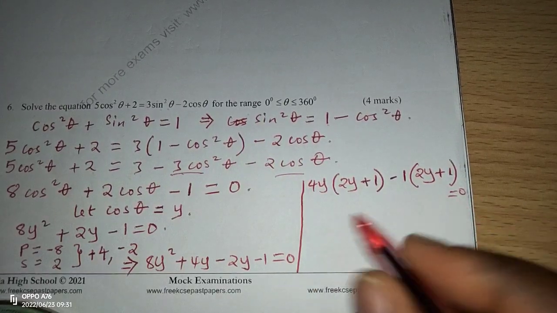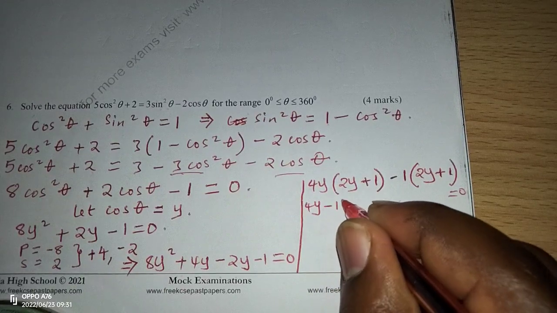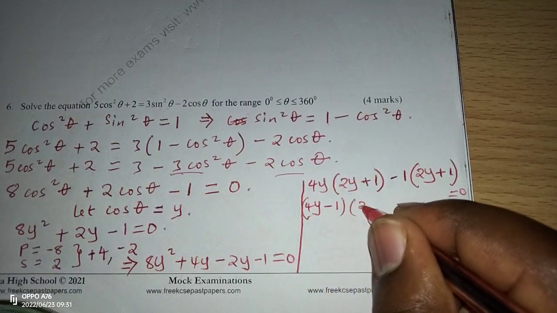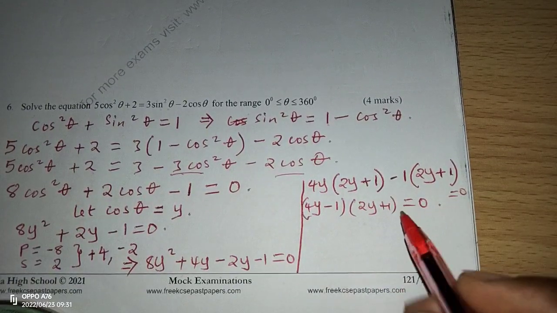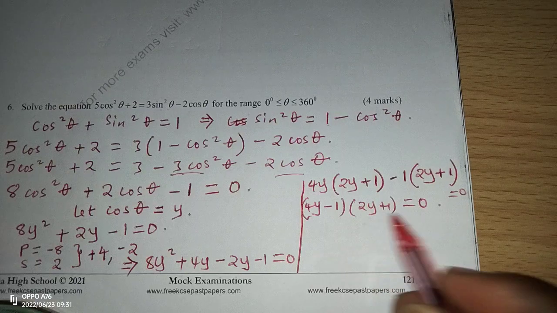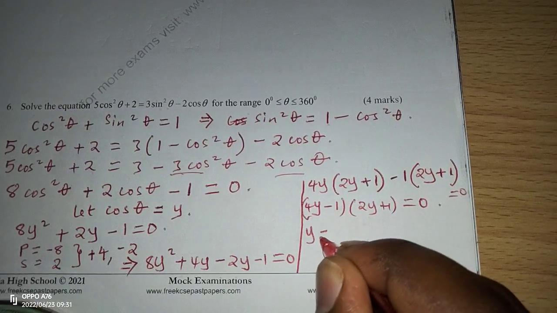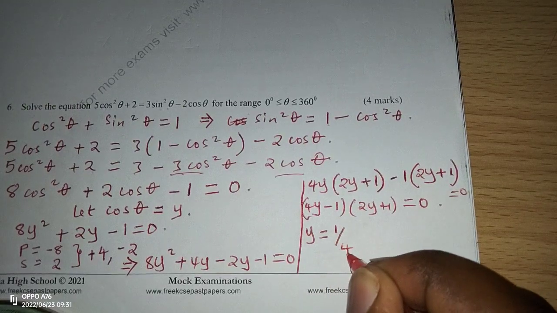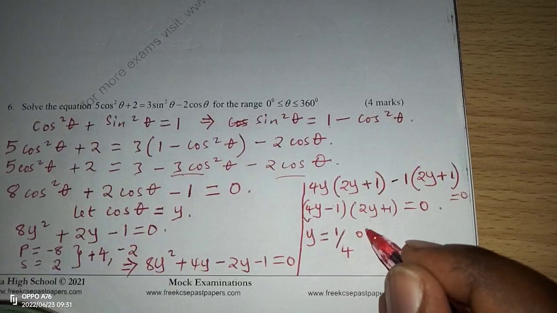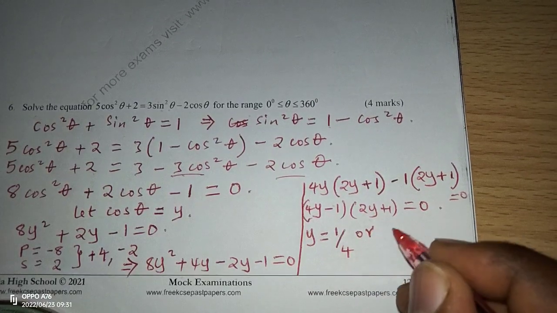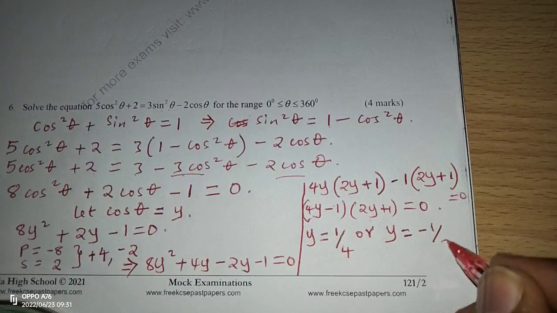So we can now say 4y minus 1 and 2y plus 1 equal to 0, so that we can equate this one to 0 and this one also to 0. And we shall have y equals a quarter, because when we take 1 to the other side, it will become positive when we divide by 4, or y equals negative half.